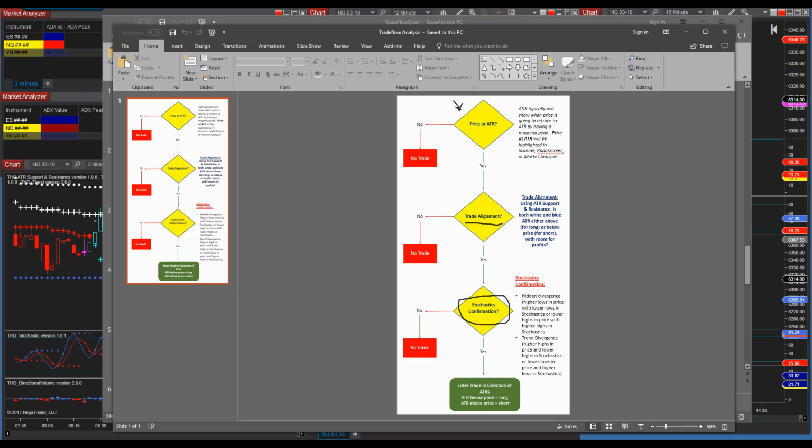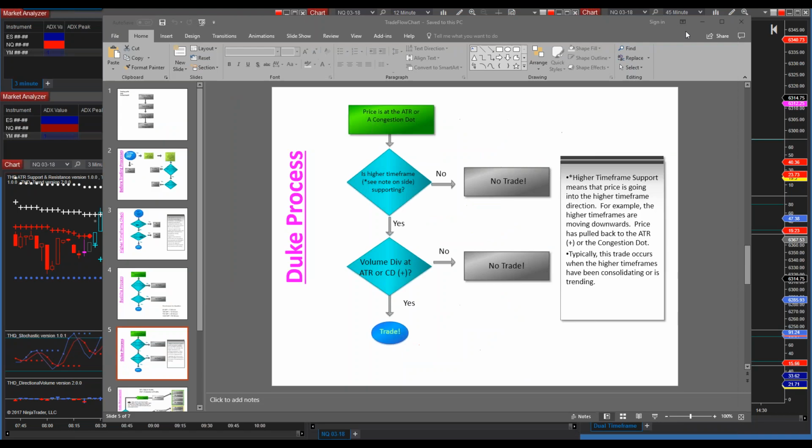Does it invalidate what we have been doing for years? No, it just makes it easier to see. Does everybody understand that? There is not a big difference. The only thing we've really added is the stochastics because it gives us a really good indication.